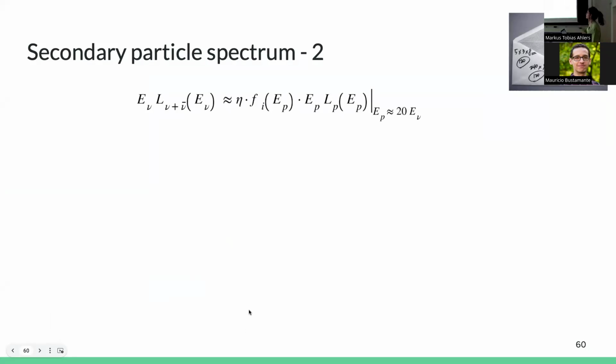Okay, so we have this very simple formula that relates the proton energy distribution, the luminosity here, times this efficiency factor that tells us how much energy is transferred to the neutrinos, and a parameter eta, which is related to the interaction physics. This part here is related to the acceleration physics that we discussed, how protons are accelerated to high energies.